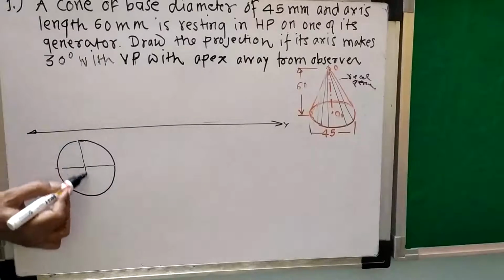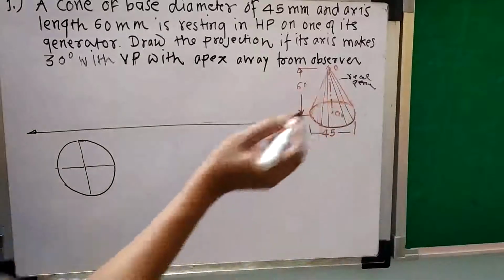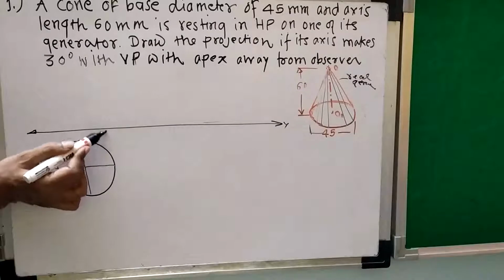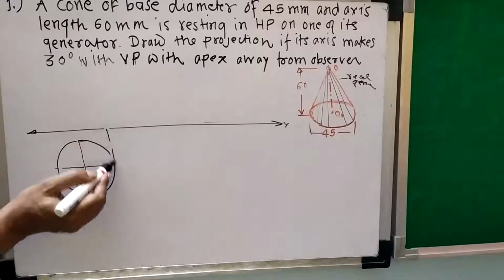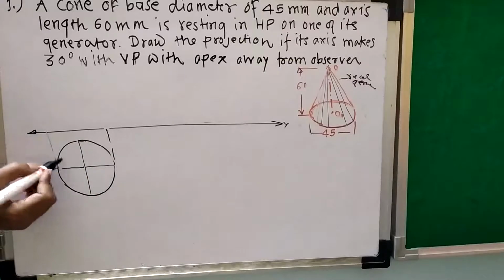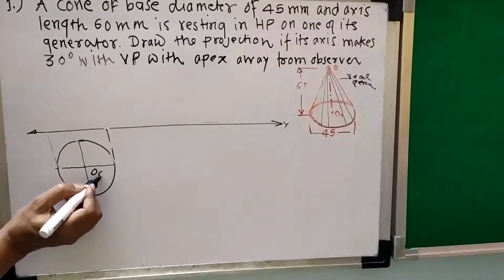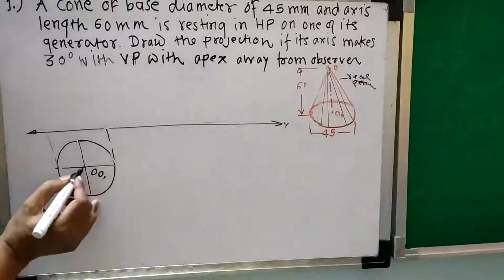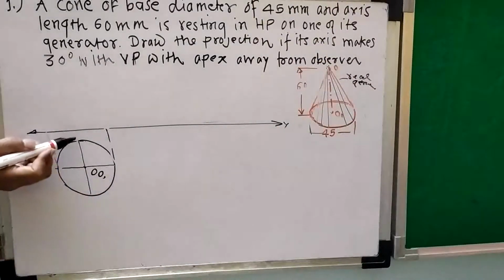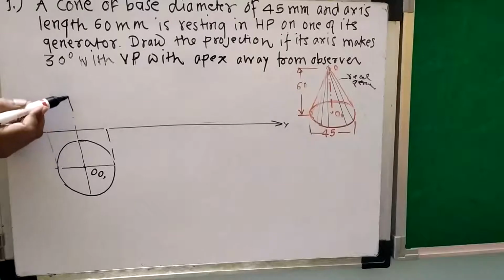And then in the front view, when I see from the front, I will see the triangle. So I will project this. This is the axis O1. When you see from the top, this O and O1 are seen as a point, and then I will see this axis in the front view.